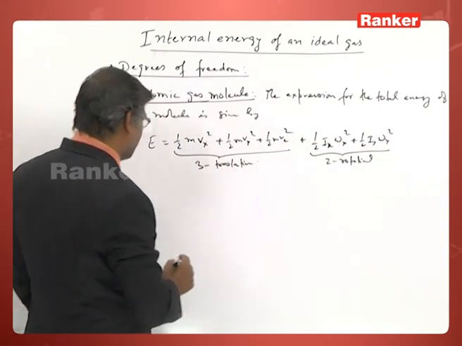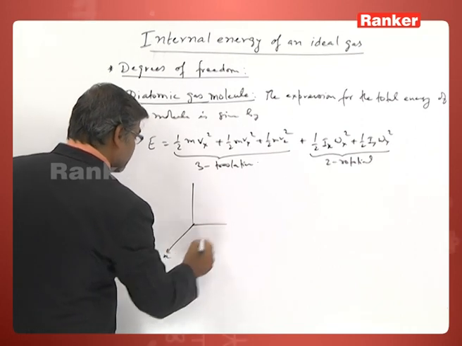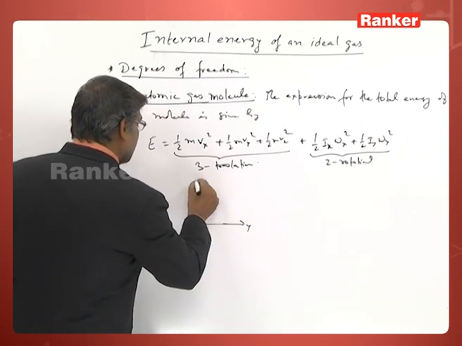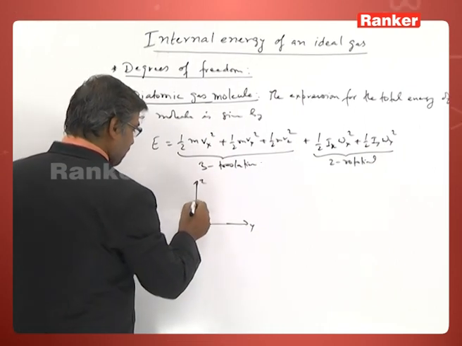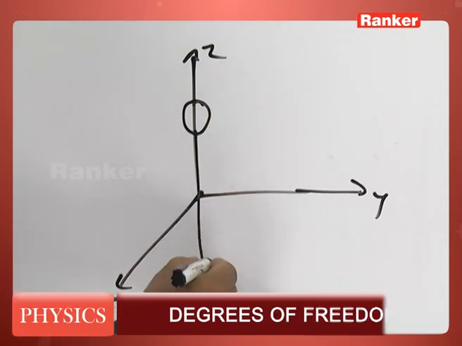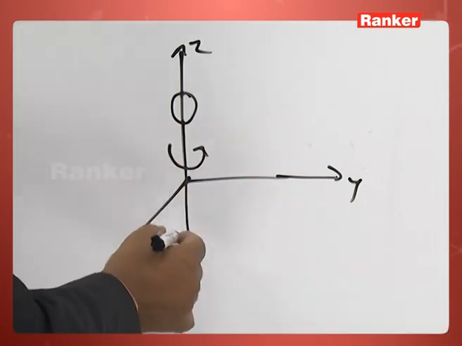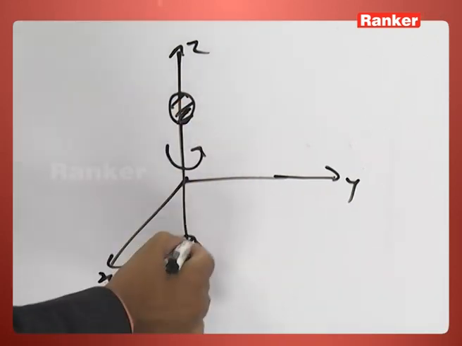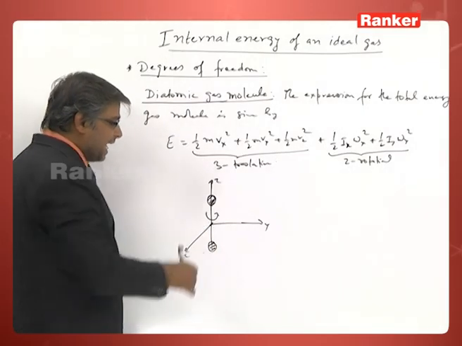Let us see why I have neglected it. Suppose this is x axis, y axis and z axis. I have neglected the z term. Suppose the molecule is like this, with these atoms forming the molecule, and it rotates about the z axis.